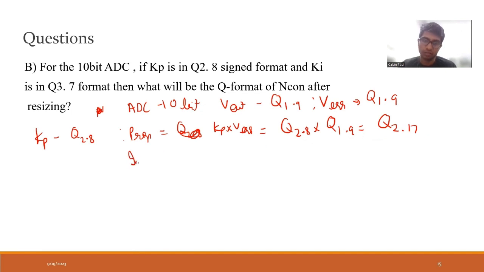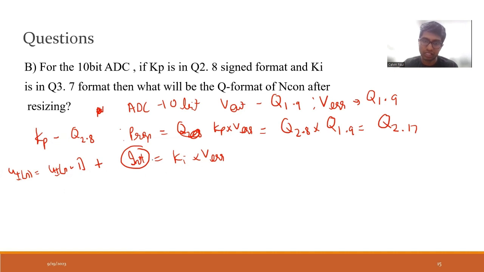The part corresponding to my integral term is Ki into V error. The integral term is actually UI of n equal to UI of n minus 1 plus this part. The overall output of the integral term is the previous value plus this value.